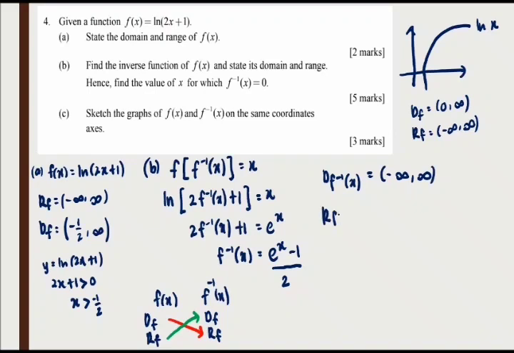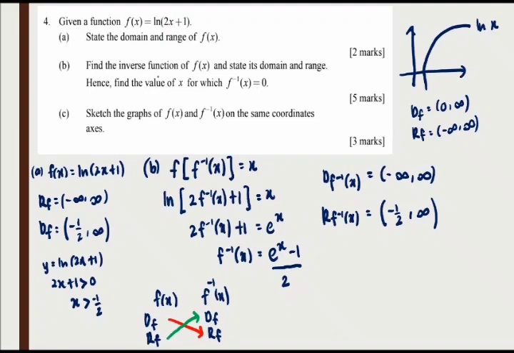Then the range of f inverse of x will be the domain of f(x), so that will be negative 1 over 2 to infinity. Can you see that I just switch these two terms? The range will be the domain, and the domain will be the range for the inverse function.